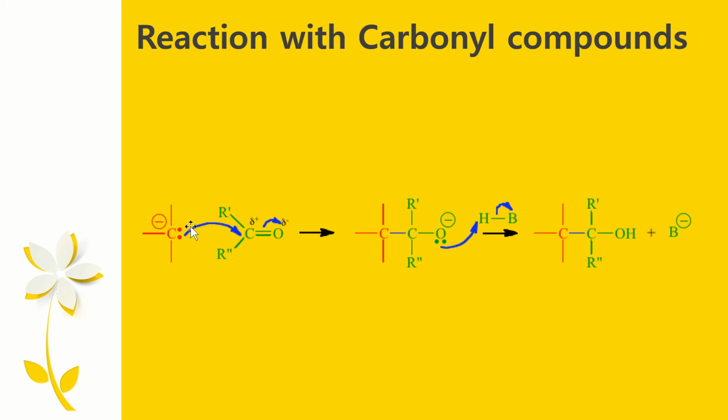So the carbanion will attack the electrophilic carbon center here, as we see with the arrow. And for the second arrow, the arrow starts on the line and ends on the oxygen, right? As we said before, follow the arrow to follow the electrons, right?